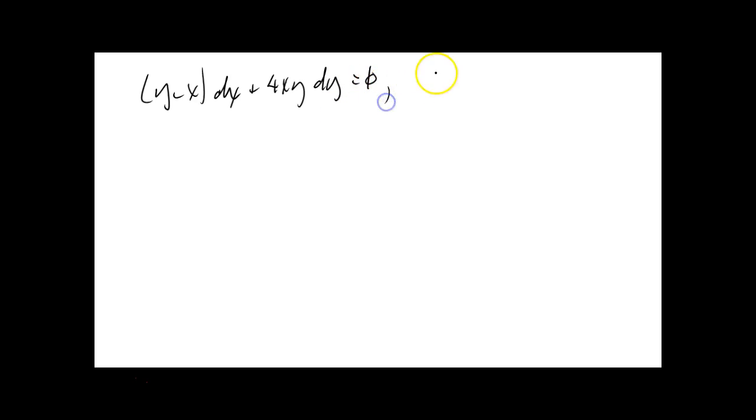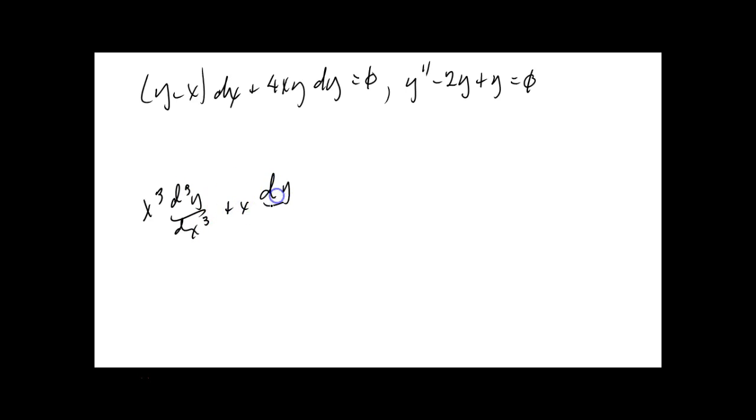Here's one: y double prime minus 2y prime plus y equals 0. And another: x cubed d3y dx cubed plus x dy dx minus 5y is equal to e to the x.